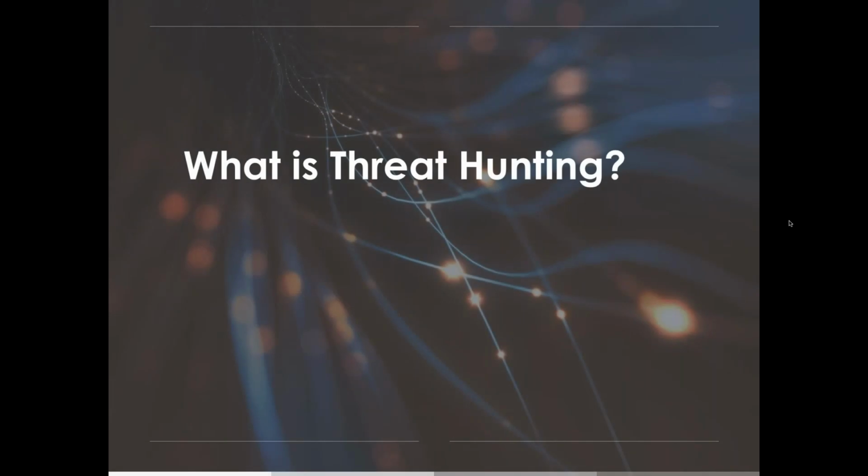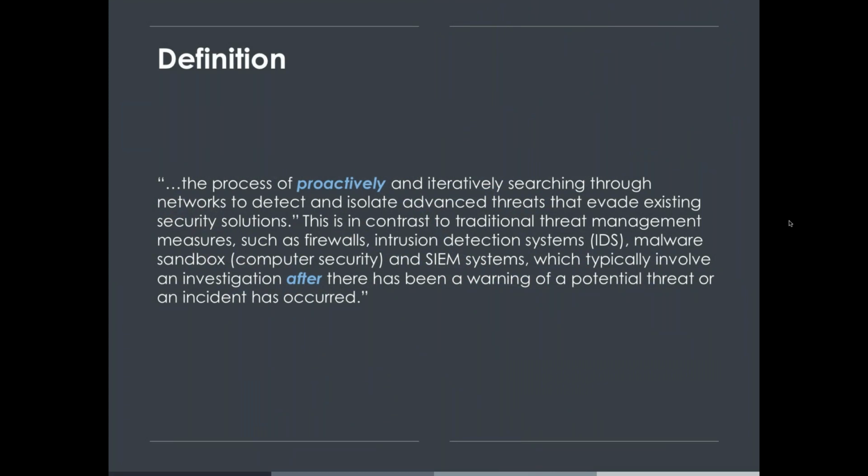It's always good to be on the same page whenever we're talking about a topic. So let's look at a sort of borrowed definition here. I'll summarize it a bit, but threat hunting is the process of proactively and iteratively searching through networks to detect and isolate advanced threats. In contrast to traditional threat management measures, which typically involve an investigation after there has been a warning of a potential threat or an incident has occurred.